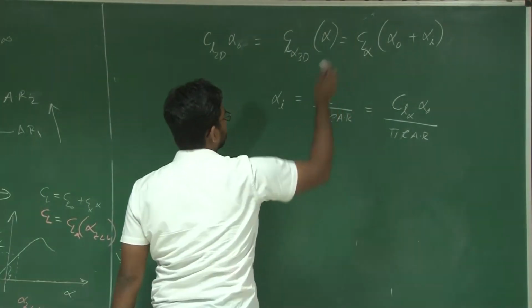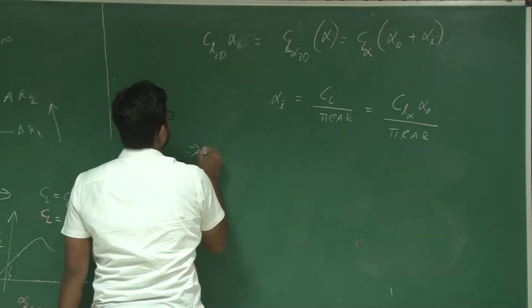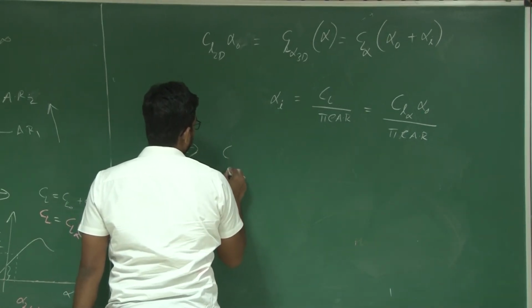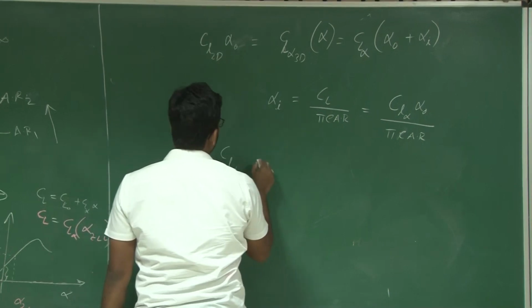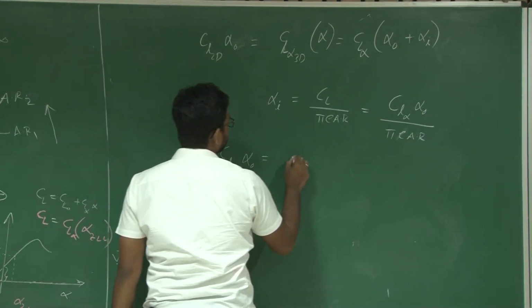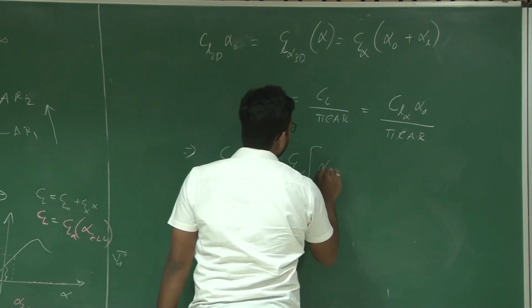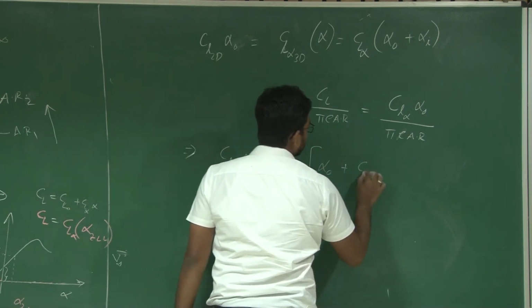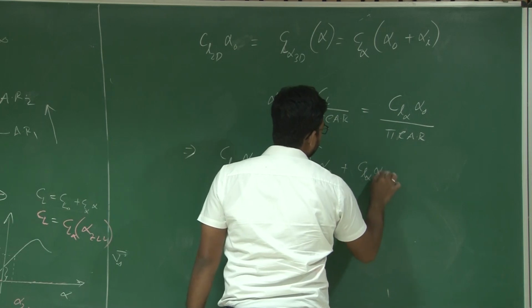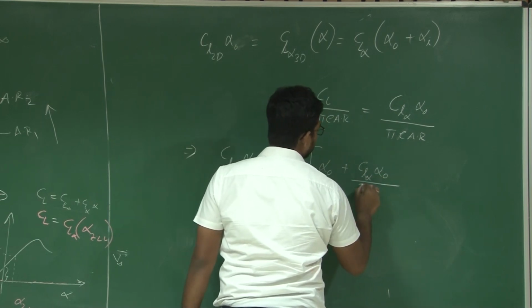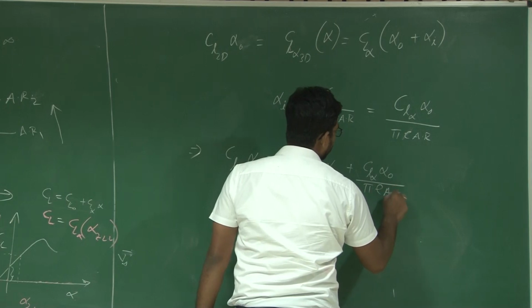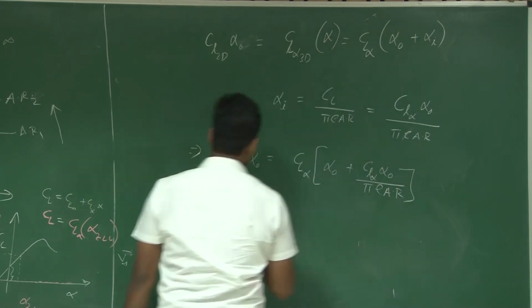If I substitute this in that equation, CL alpha into alpha naught is equal to CL alpha of wing into alpha naught plus CL alpha into alpha naught of the airfoil, divided by pi e AR.